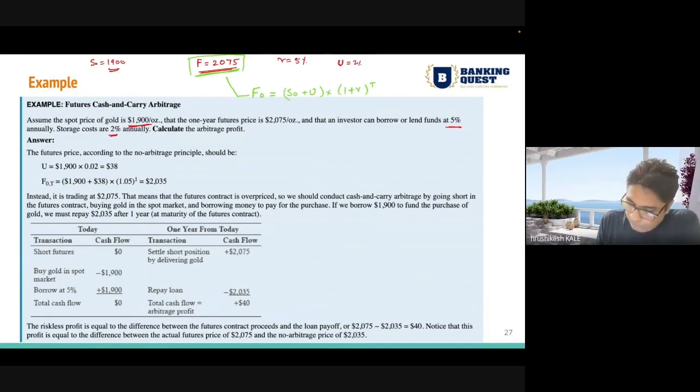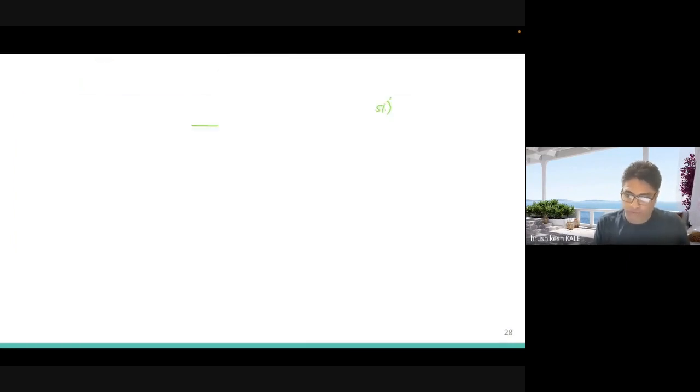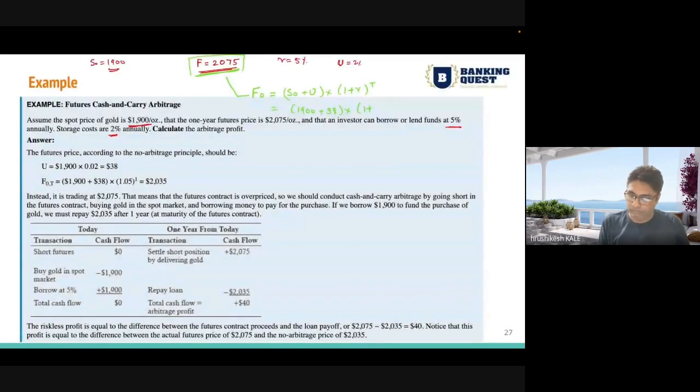Let us see. So S0 is 1900 plus U, which is 2% of 1900, that is 38. So 1900 plus 38 multiplied by 1 plus 5% raised to power 1, since it is a 1 year future. If you do this, the answer comes out to be 2035.